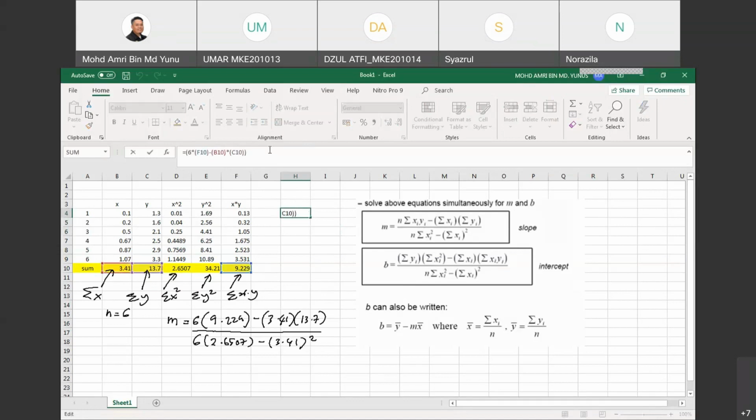and divide by 6 multiply with x square, sum of x square.